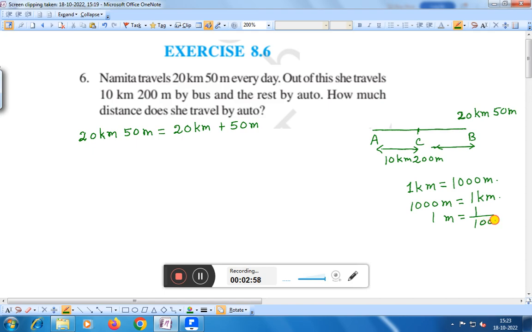That means to convert from meter to kilometer you have to divide by 1000, right? Therefore here we are dividing, you see this one, that is 20 kilometer plus 50 meter, that means 50 by 1000 kilometer, right?